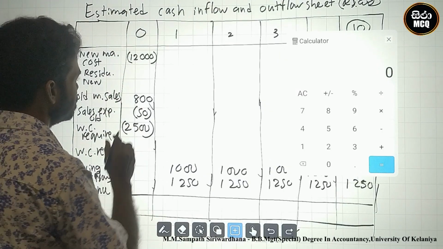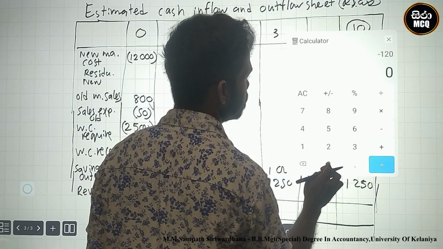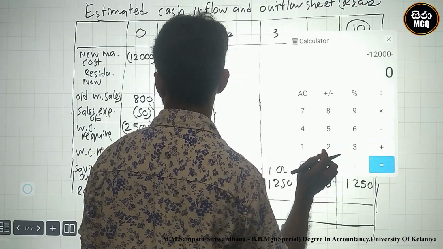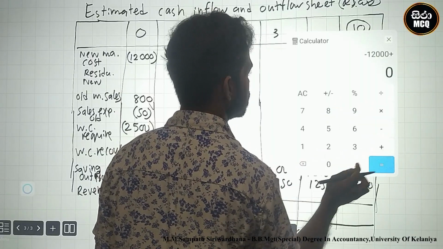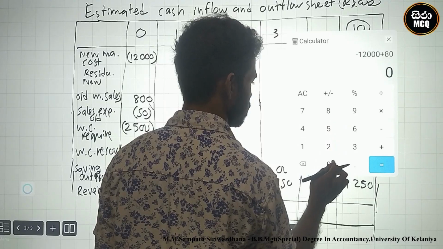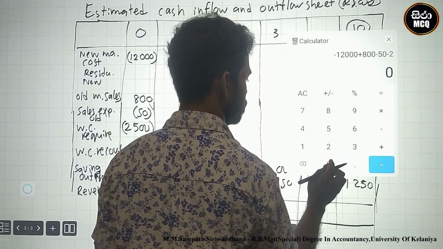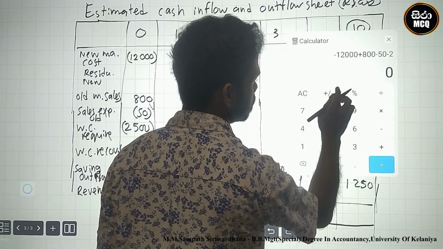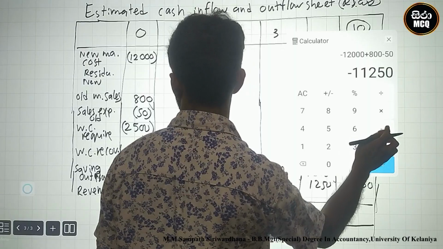Okay, therefore I use these values: minus 12,000 plus 800 minus 50 minus 2,500.